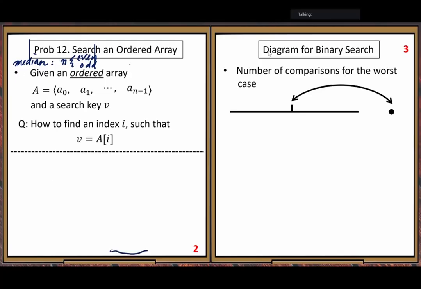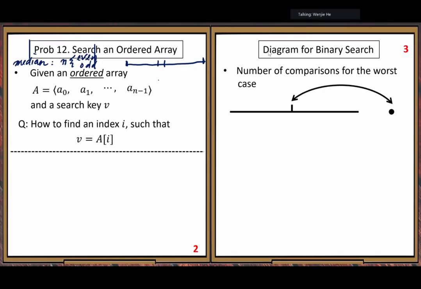So in that case, we need to define the meaning of median clearly. Because two elements in the middle, one left, one right, are equivalent. We cannot favor one over the other, right?